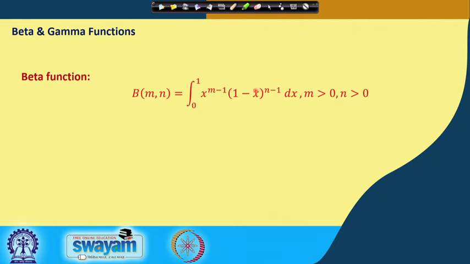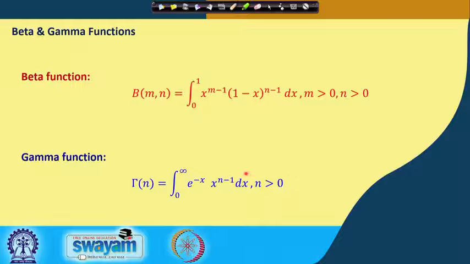We will see that this integral converges only when m and n both are strictly positive. And there is another function called the gamma function. Gamma(n) is defined by this improper integral, from 0 to infinity of e power minus x times x power n minus 1 dx, and we will also observe that this integral as well converges when n is strictly positive.